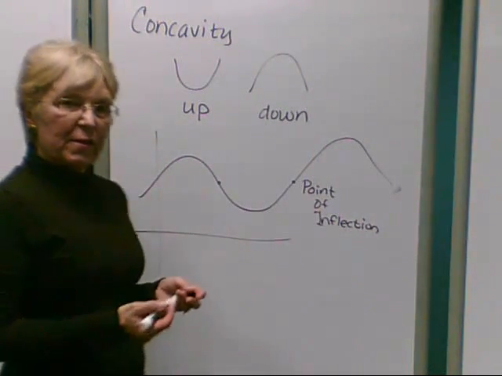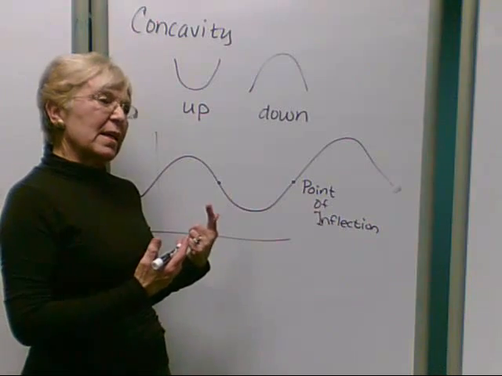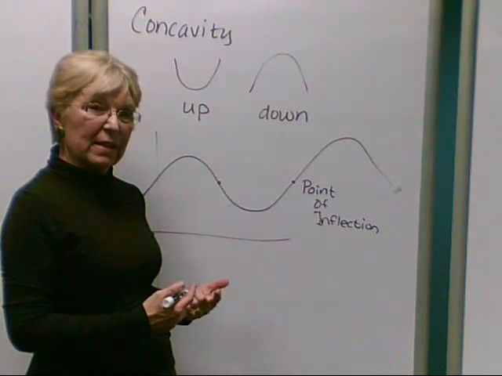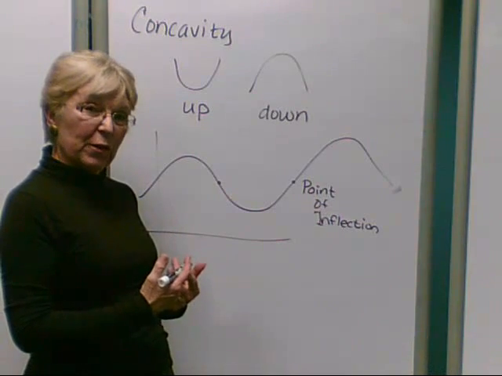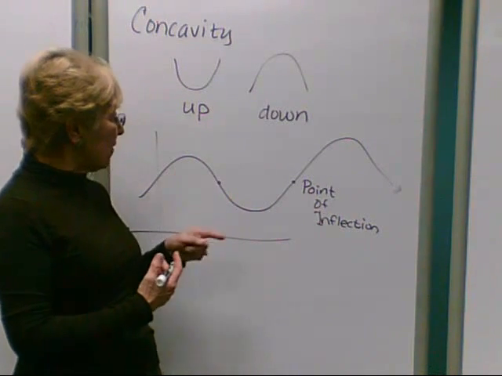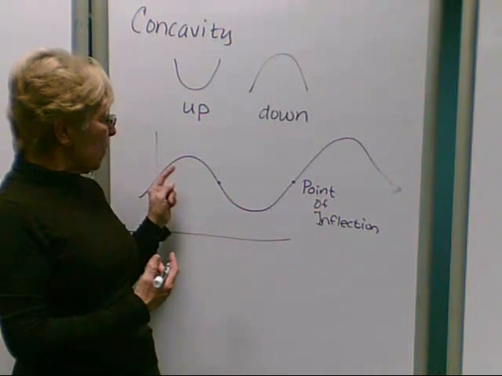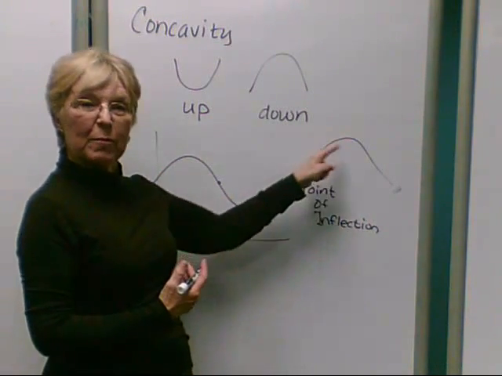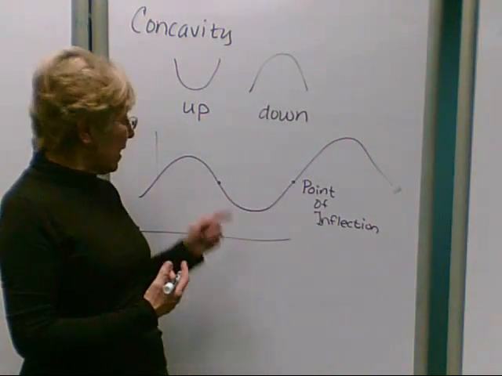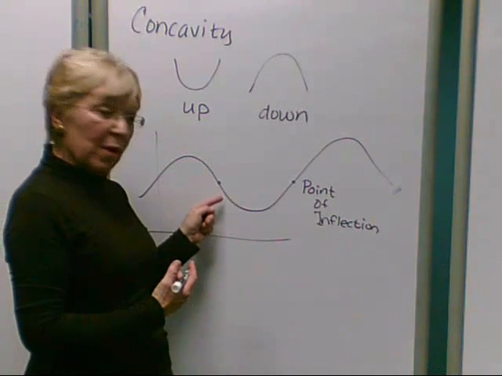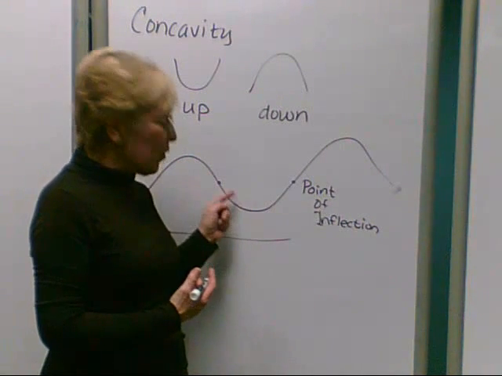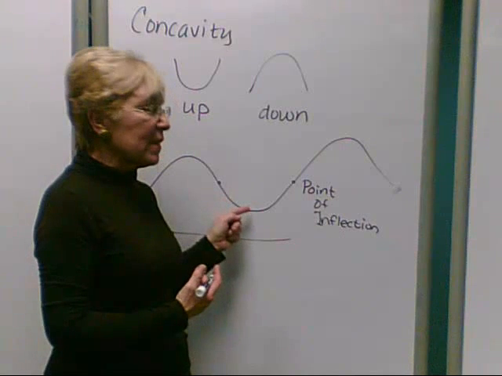You've heard expressions like the unemployment rate is decreasing at an increasing rate. Well, that talks about a particular shape of concavity. Decreasing, but at an increasing rate. Where do you think that might be on this curve? Getting more negative, getting steeper in a negative direction.